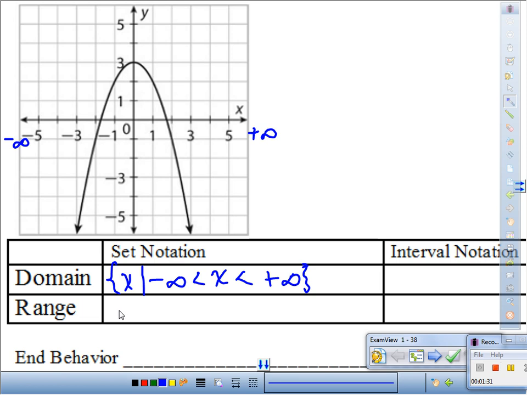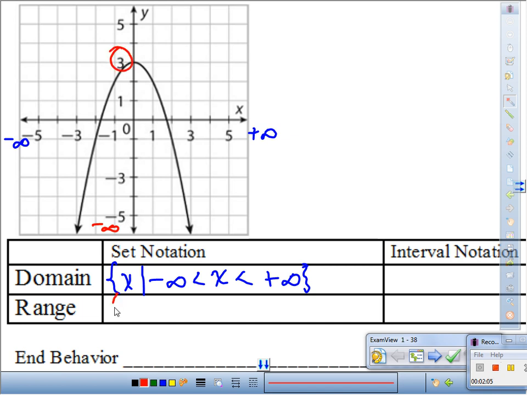All right, let's do the range, and then we'll get to the interval notation. So the range, same thing, but we focus now on the y-axis, starting from the bottom. Notice that the arrows continue going downward, so it continues going to what? To negative infinity. How about upward on the y? It stops where? At 3.